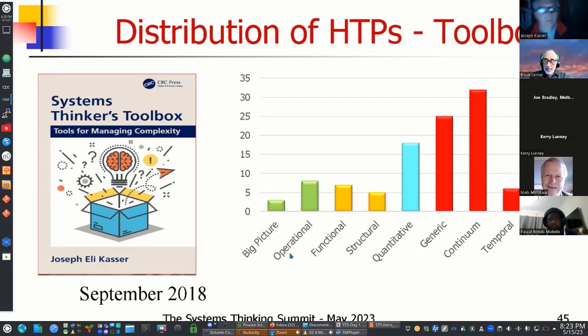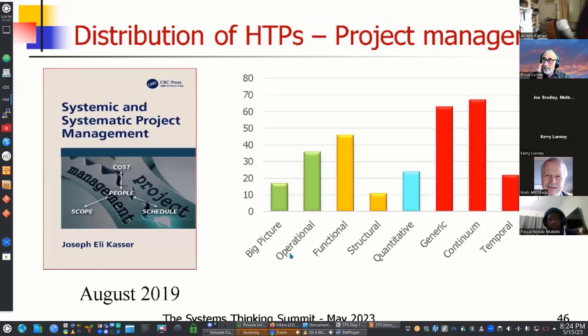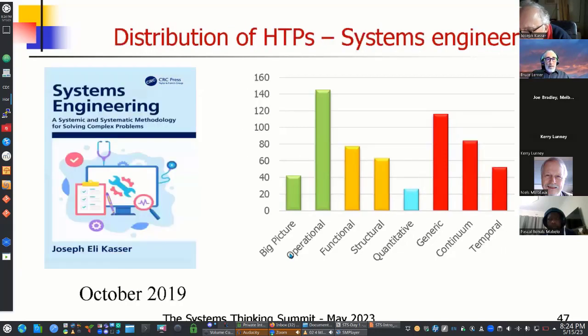Because the toolbox was not only giving tools for gaining an understanding, it was also having tools for coming up with solutions. In the project management book, operational and functional show up because that's what managers are doing, and generic and continuum show up as well, much more so, because it's also discussing solutions.